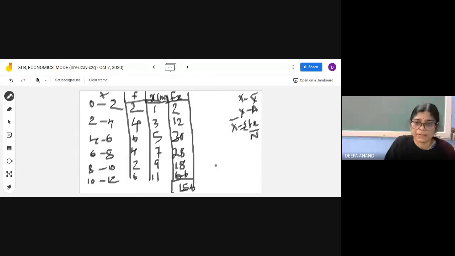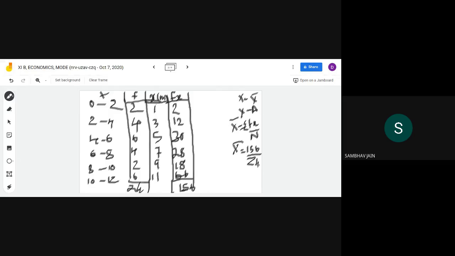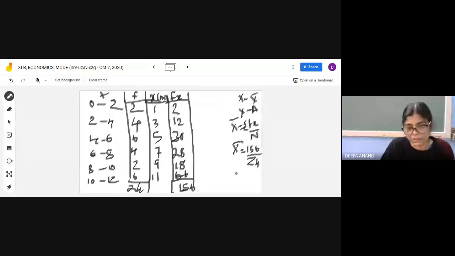Therefore, arithmetic mean is equal to 156 upon n. N is equal to 24. So 156 upon 24 is the arithmetic mean, 6.5. Chalo 6.5 mil gaya.